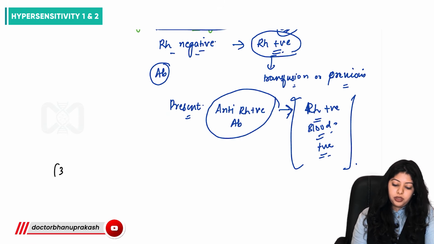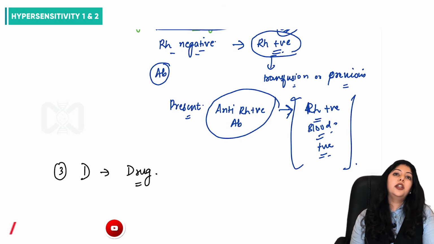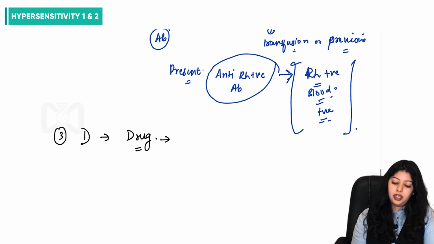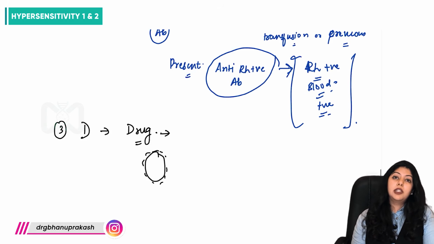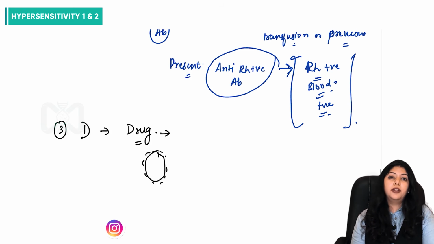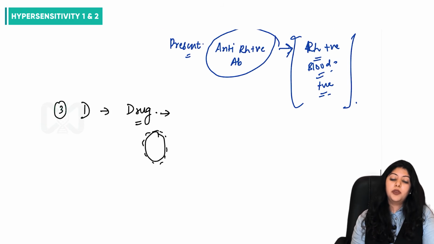Then can we use the third letter, that is D, for drug-induced reactions, right? When drugs coat the RBCs and lead to type 2 hypersensitivity, which we saw in the mechanism of the complement dependent reaction, right?